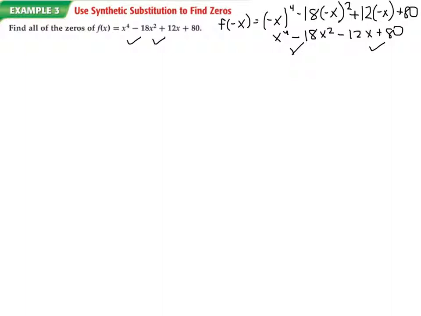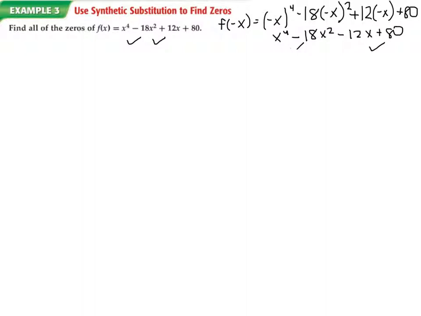Because there are two sign changes for the coefficients of f of x, the function has 2 or 0 positive real zeros. Because there are two sign changes when we look at f of negative x, we know that there are 2 or 0 negative real zeros. Thus, f of x has 4 real zeros, 2 real zeros and 2 imaginary zeros, or 4 imaginary zeros.